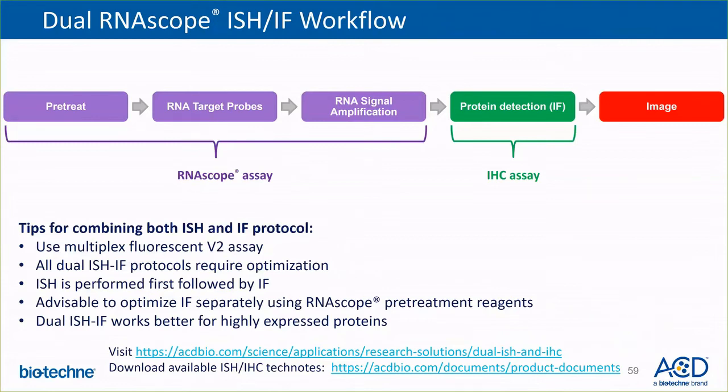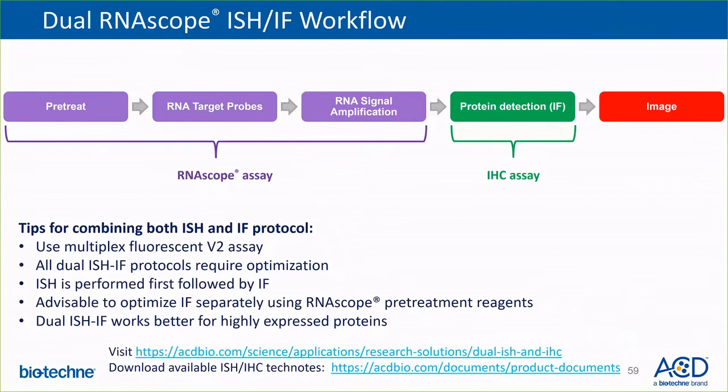As compared to version 1, the version 2 assay signal is more stable due to the TSA signal development, and it survives better after the subsequent IF procedure. Secondly, we recommend running the RNAscope assay first, followed by IF. Next suggestion is to optimize the IF assay separately using the RNAscope pretreatment reagents to ensure your protein can still be detected following the RNAscope pretreatment.